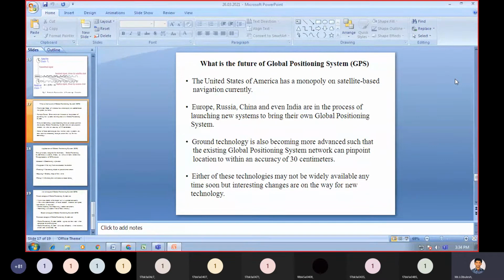When these four countries launch a new system, America will not have a monopoly. Their ground technology is also becoming more advanced, as the existing GPS network can pinpoint location to within an accuracy of 30 centimeters.